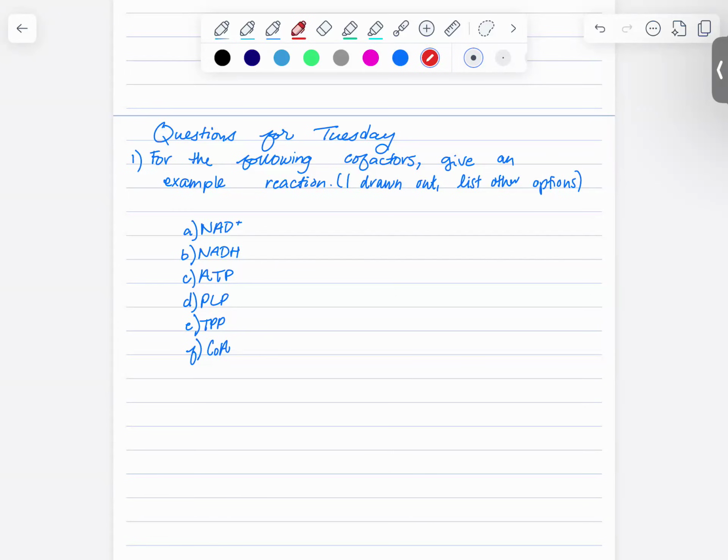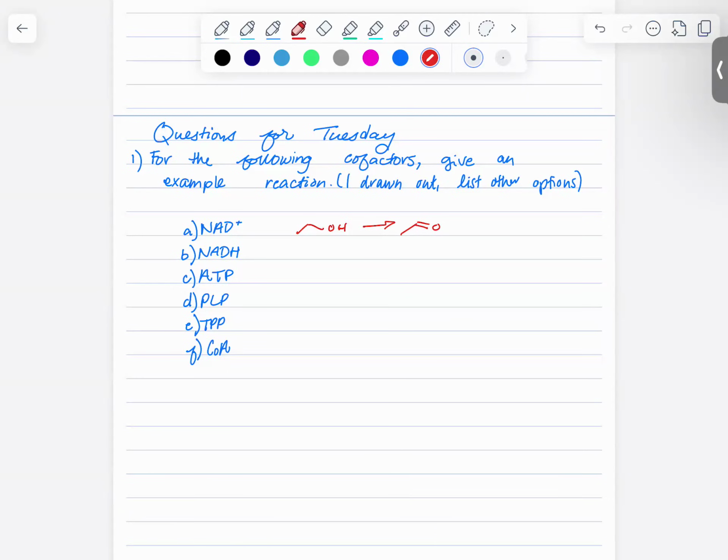With NAD plus, what kind of reaction do we expect to be catalyzed there? What kind of reactions do we expect with NAD plus? Oxidation. So if you saw this reaction and it was, what cofactor do we expect?